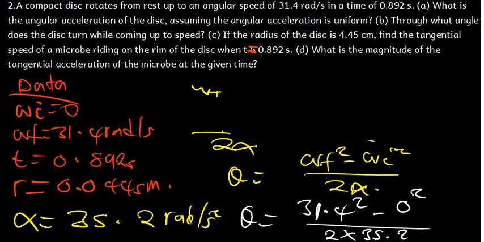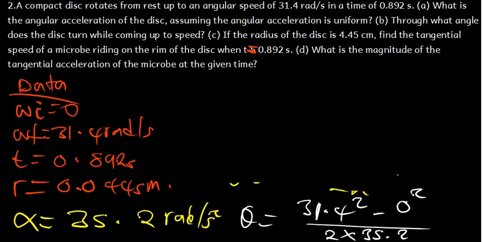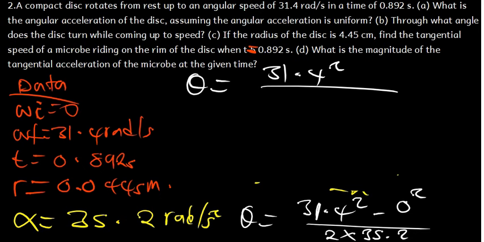Let's get rid of this. Let me first find what is down there: 2 times 35.2, which is 70.4.